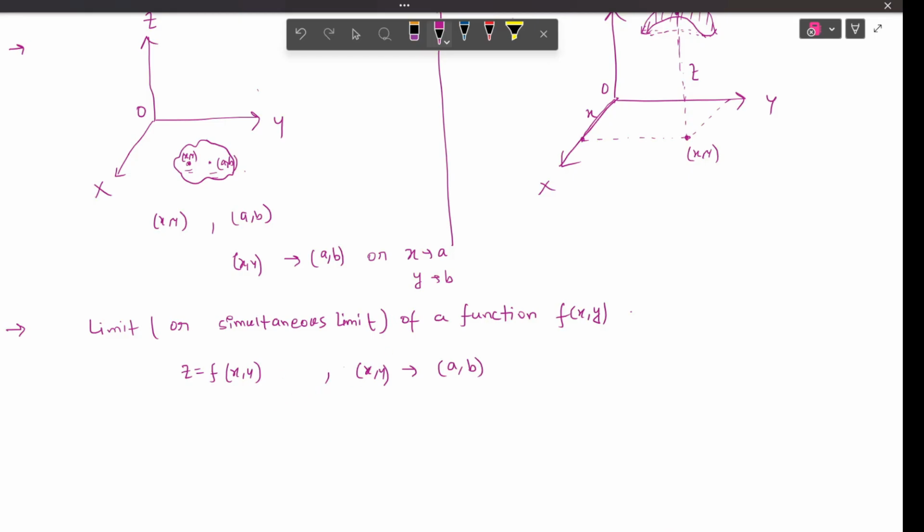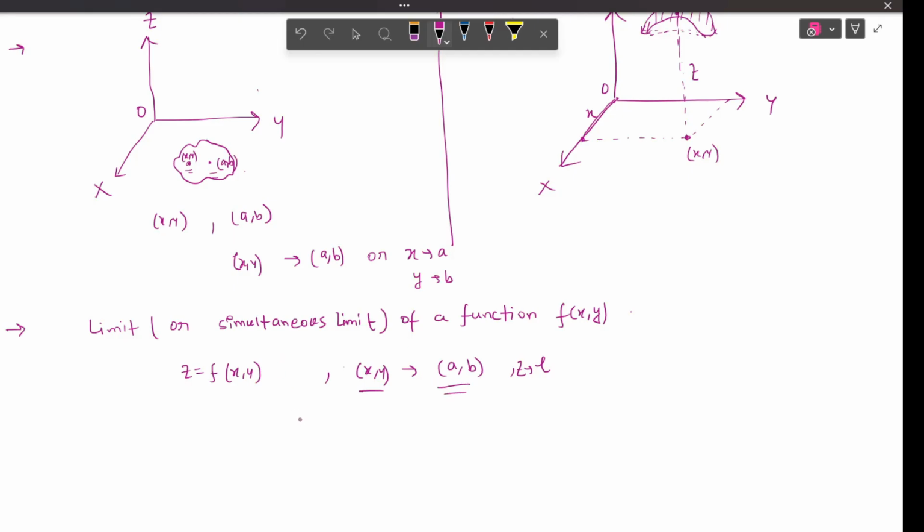Then z also varies, and if z tends to a number, let us say l, okay, so z tends to l, we say l is the limit of f of x, y as x comma y tends to a comma b.